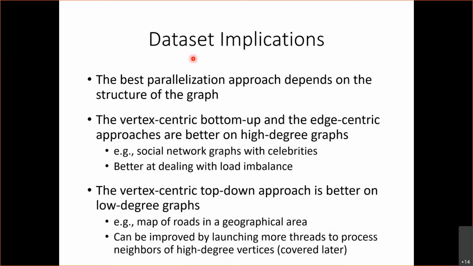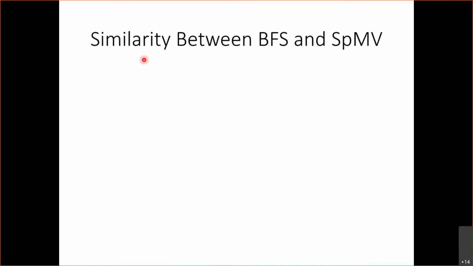Another important topic I would like to talk about today is the similarity between BFS and SPMV. Just like we store graphs in a similar way to how we store sparse matrices, I want to talk about how BFS is similar to SPMV in how we access data. So let's go back and look at what SPMV does.